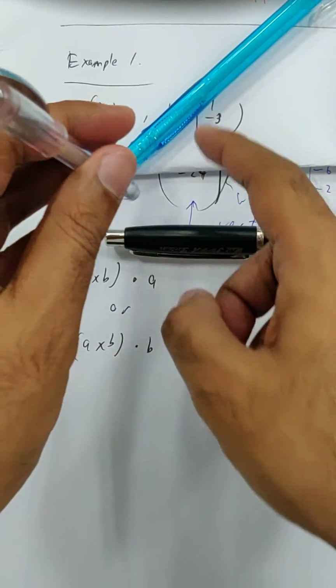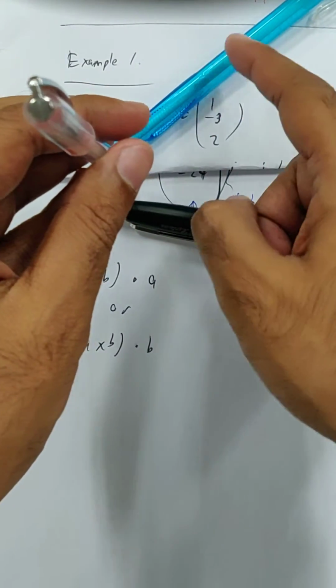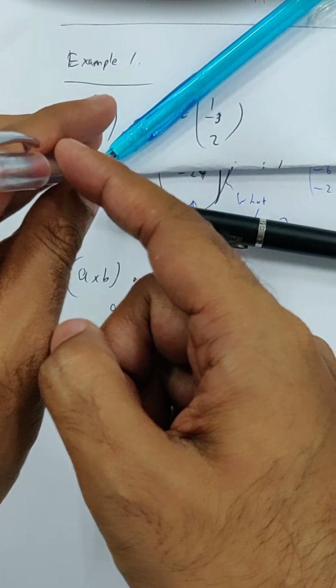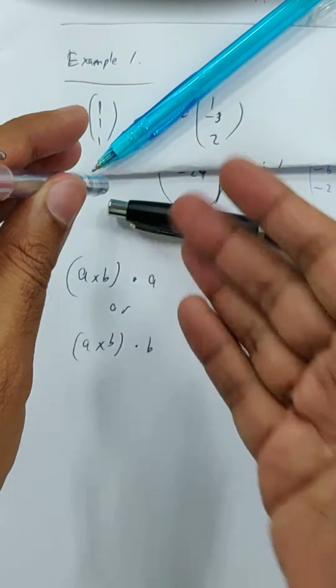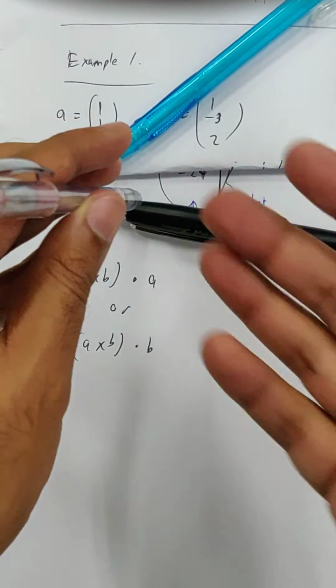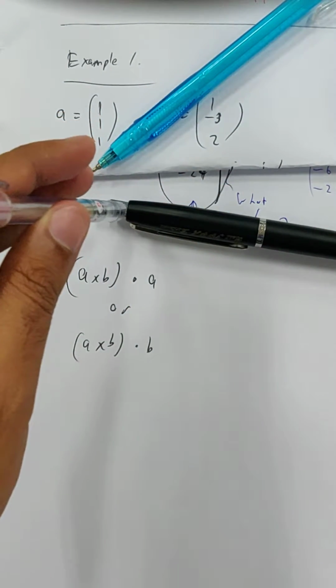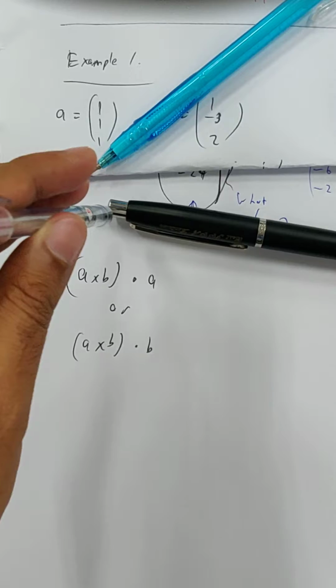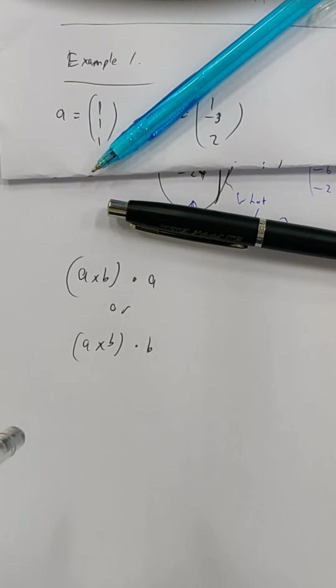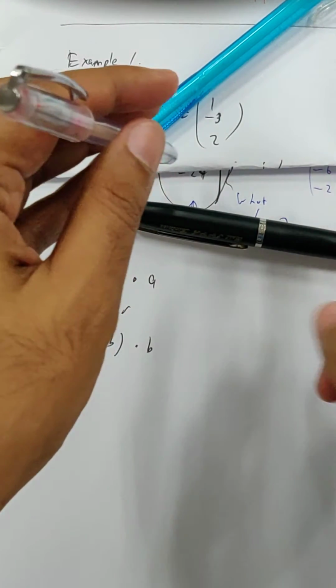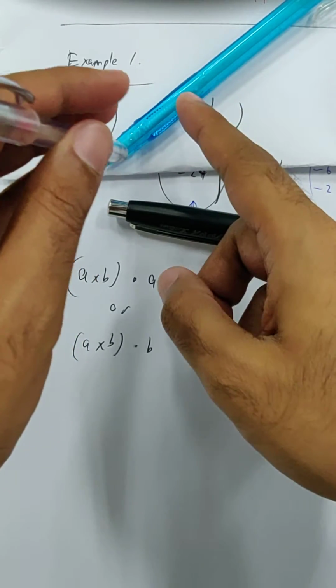Okay, what's the relationship of this A cross B? A cross B is what? It's a normal, am I right? What characteristic is a normal? Perpendicular, which is also 90 degrees.